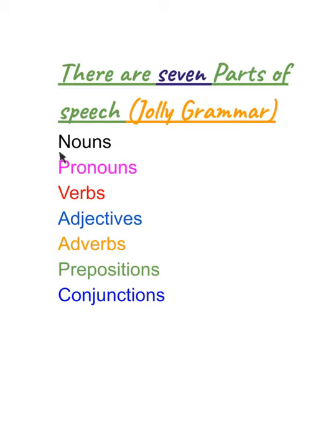For example, nouns are indicated with black, pronouns with pink, verbs with red, adjectives with blue, adverbs with orange, prepositions with green, and conjunctions with purple. And each part of speech is indicated with an action. These actions are helpful to remember the concepts well.